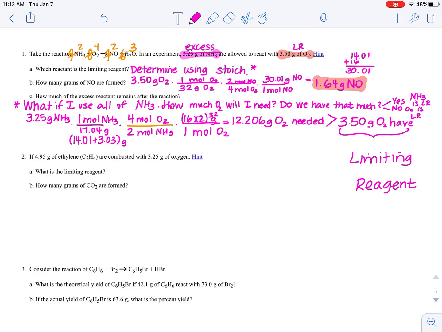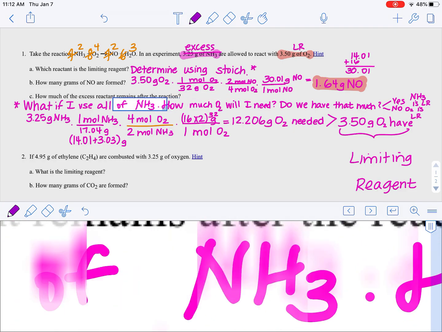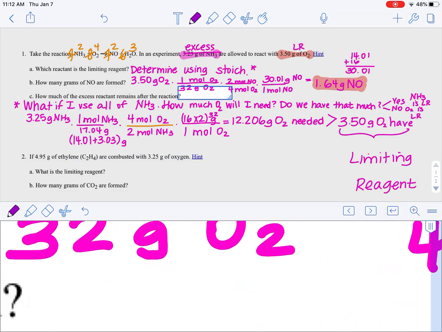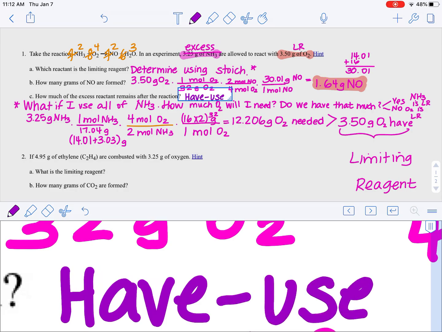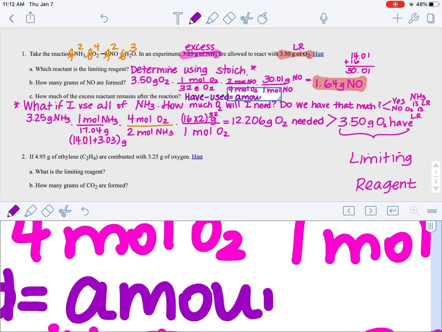The last part says how much of the excess reagent remains after the reaction. Well, the excess was the nitrogen trihydride. That's how much we had. So we're going to need to figure out, it's basically how much you have minus how much you used. That tells you the amount in excess.